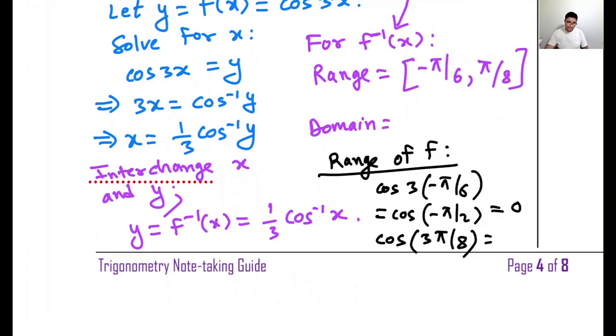You can perhaps use the half angle formula, under root of 1 plus cos x over 2. Cos 3 pi over 4 will be negative. So it will be under root of 2 minus under root of 2 over 2.